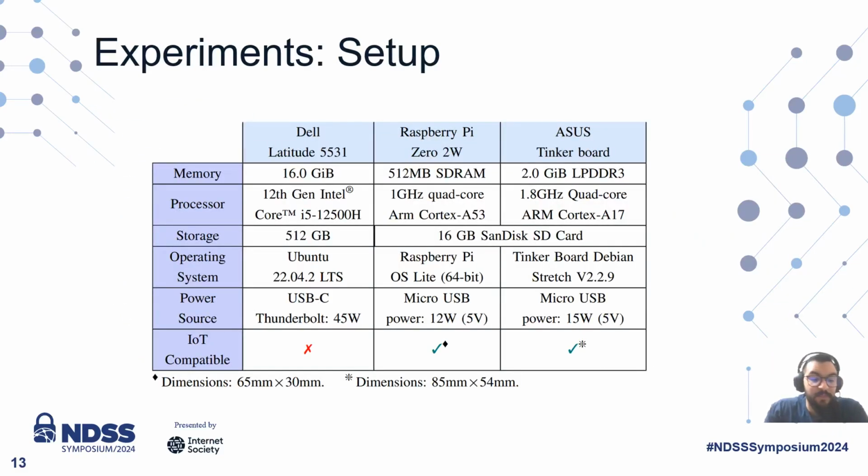We used different setups to showcase the practicality of Zira in different scenarios. For this, we provide experimental results on a mid-range laptop and two IoT-compatible boards, and evaluated their performance while acting as the prover in the Zira protocol.